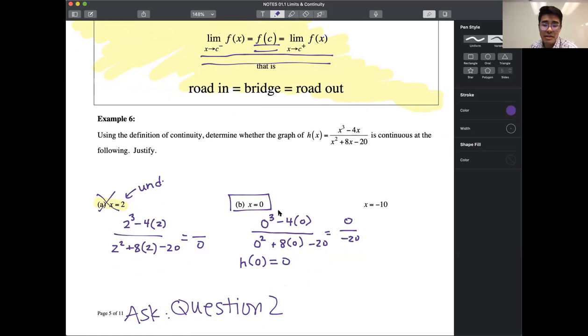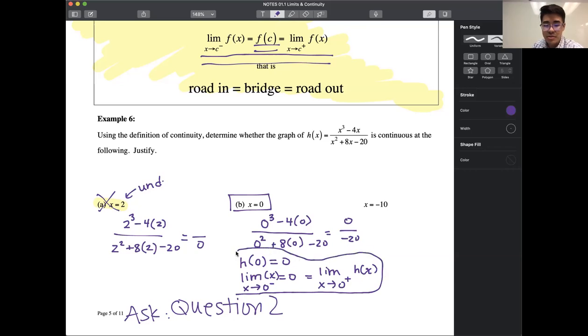Well, if the value is there and there's no point of discontinuity, we could say that the limit as x approaches 0 from the left-hand side is also equal to 0. And then we can also say that that's equal to the limit as x approaches 0 from the right-hand side of h of x. So you would have to write out something like this if the question asks you about continuity to get full credit.